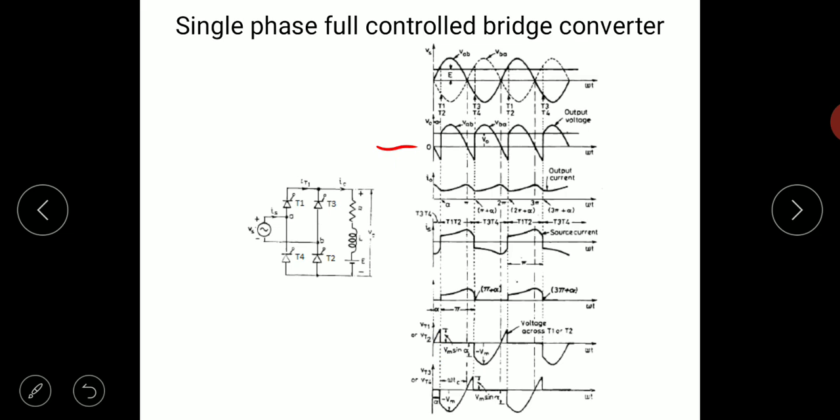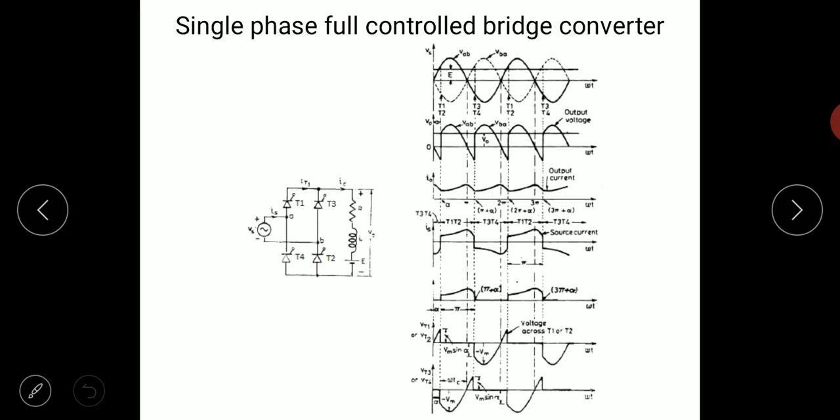And we also know that T1, T2 and T3, T4 are opposite in polarity. Therefore, when T1 and T2 are conducting, the voltage is 0. The thyristors T3 and T4 are reverse biased, and vice versa.